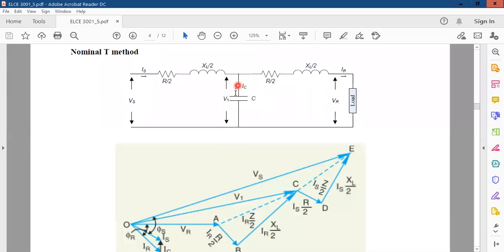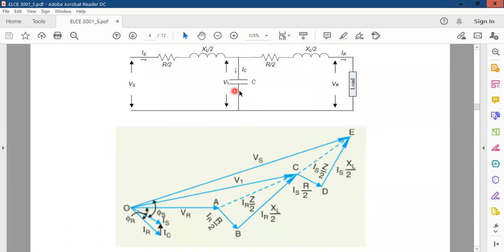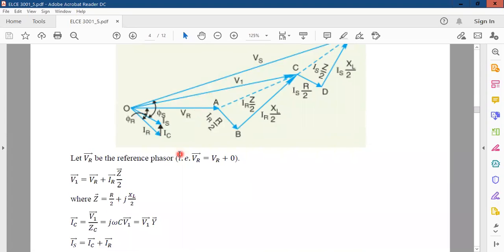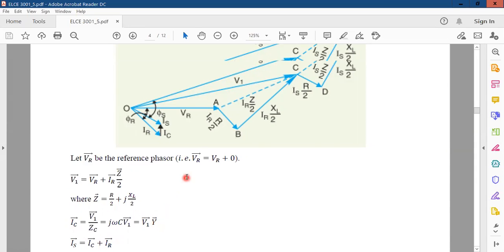Now, IC, the current across the capacitor, equals V1, which we already calculated, over ZC. This will equal J omega C multiplied by V1, where J omega C is Y. This is for calculating IC.